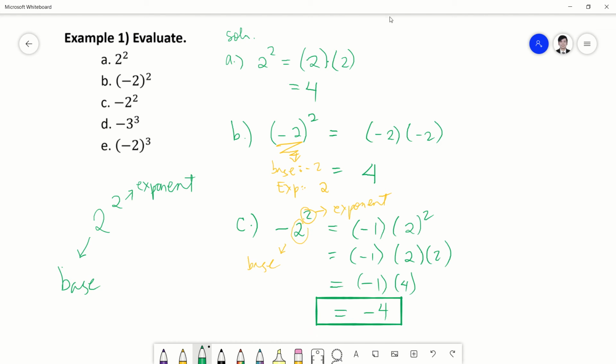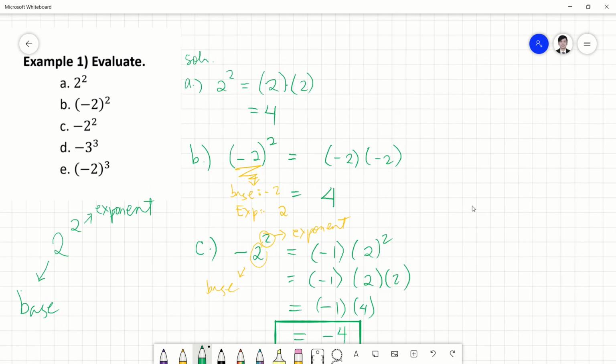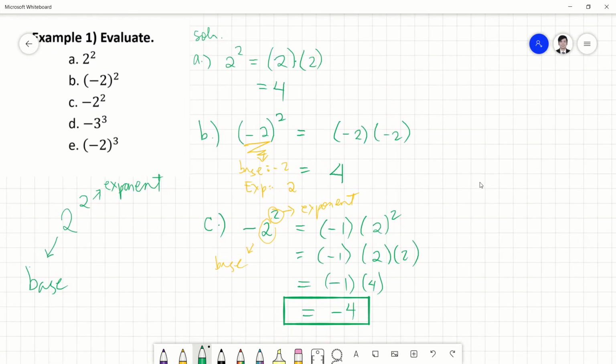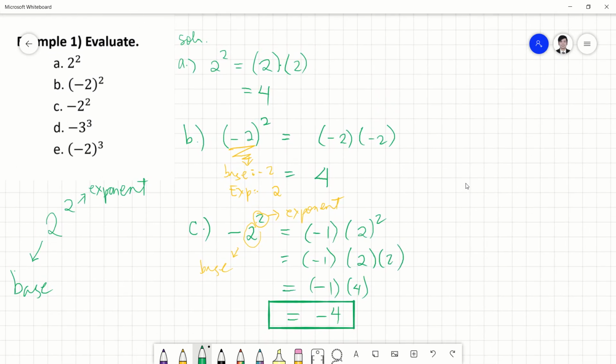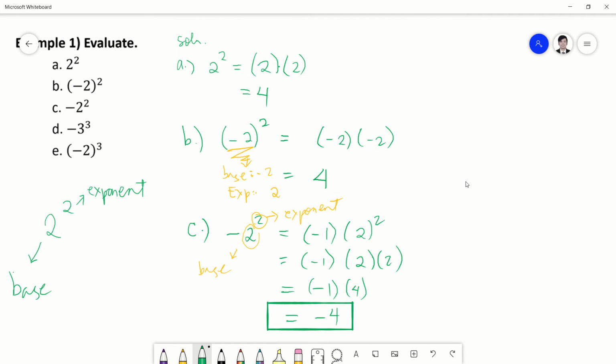Now how about d, the negative 3 cubed? Since in our d the negative 3 is not enclosed in a parenthesis, that means that the negative is separate, a different one, times the cube of 3.